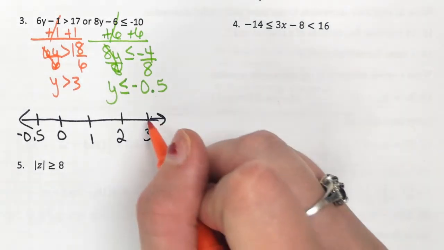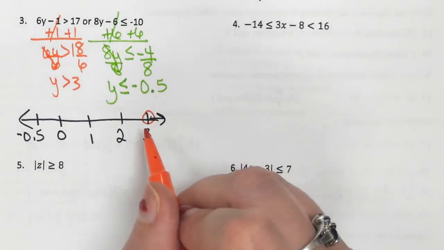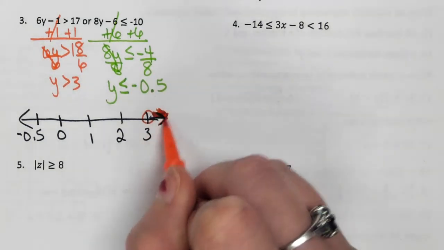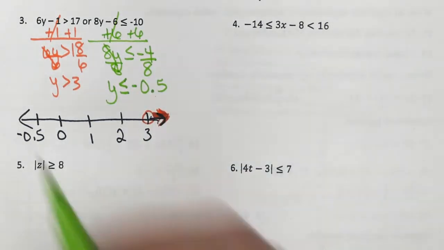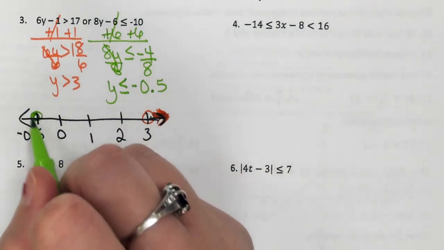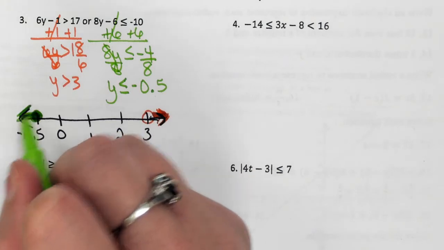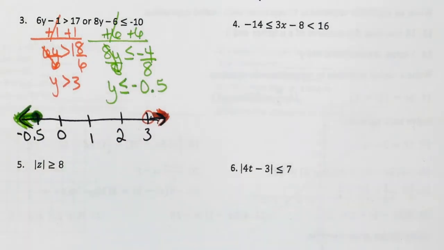All right, so 3 gets an open circle, and you're going to shade to the right. And then negative 0.5 gets a closed circle, and you're going to shade to the left. All okay? All right, let's do one more.